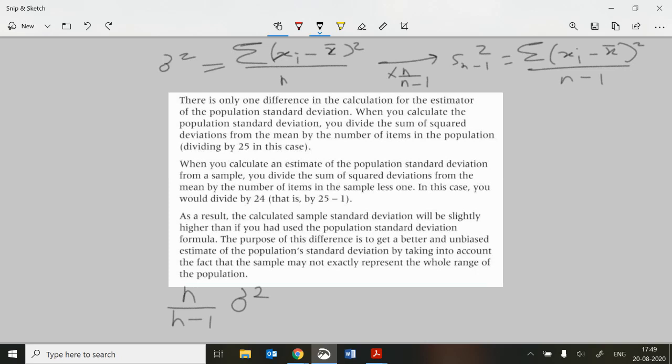Now, if you want, you can do that straight away by just doing this. No problem. Because this is using x bar, that's not using mu. If it was using mu, we wouldn't have to do this. If we knew what mu was, if we were told what the population mean was, then we wouldn't have to do this at all. But normally we're not told that, and we don't know what the population mean is, so we're going to have to make this conversion.